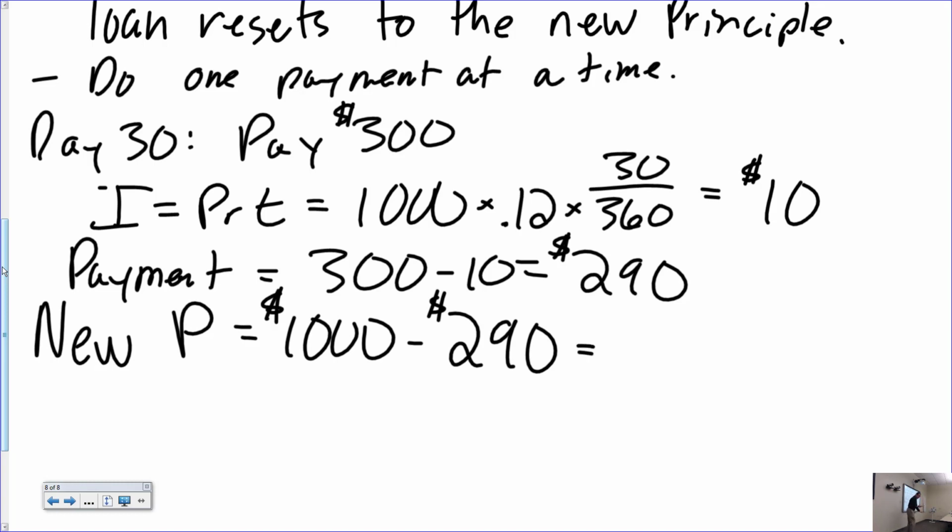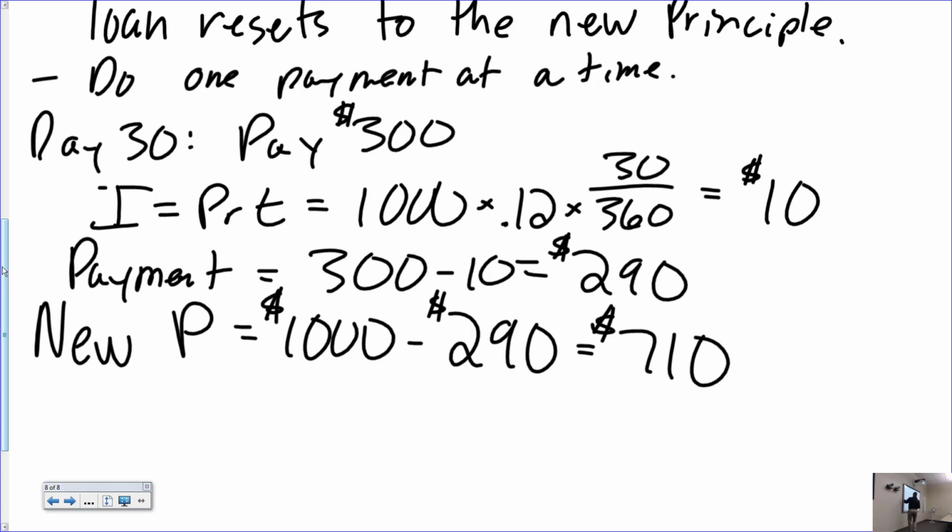So what am I down to after that $300 payment? $710. Now, note folks, the loan resets. From now on, you are only borrowing $710 per day, not $1,000.